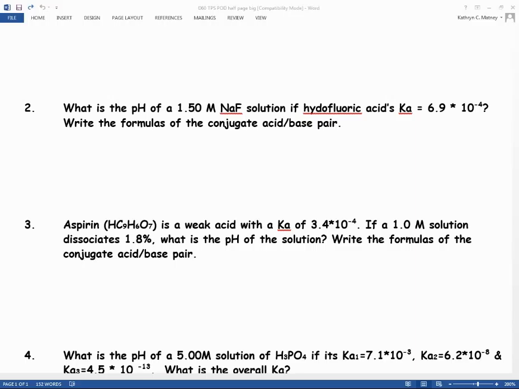1.5 minus X is an approximate 1.5. X, X. I need the Kb, so I take Kw and divide it by Ka. 1 times 10 to the minus 14 divided by 6.9 times 10 to the minus 4. And I get a value of something times 10 to the minus 11. 1.449 times 10 to the minus 11. That's not as good as the Ka, is it?